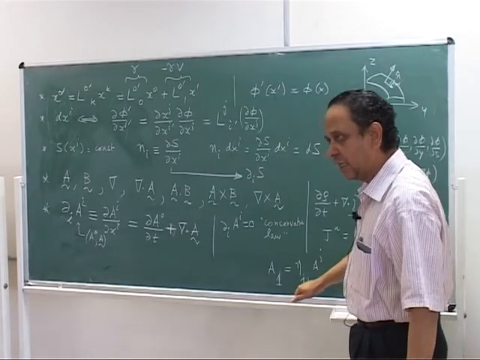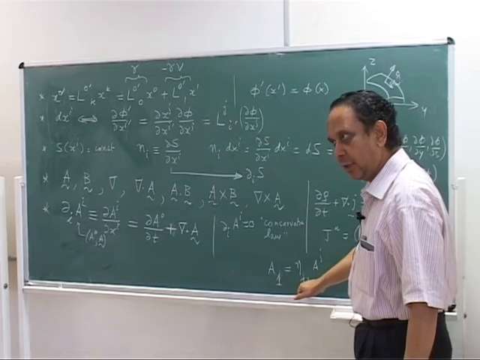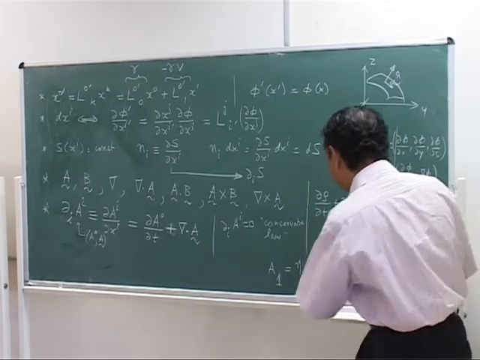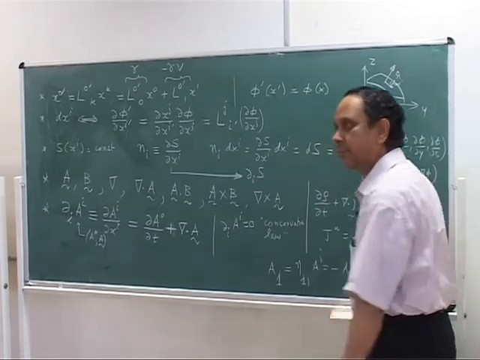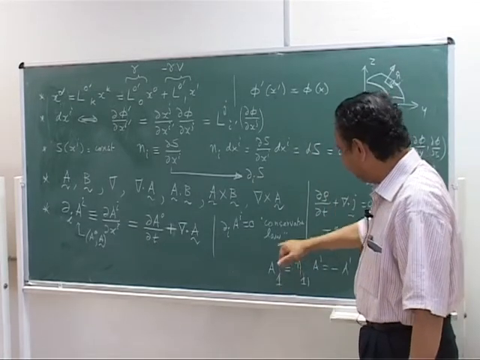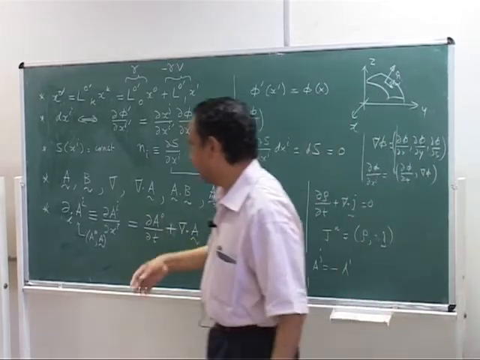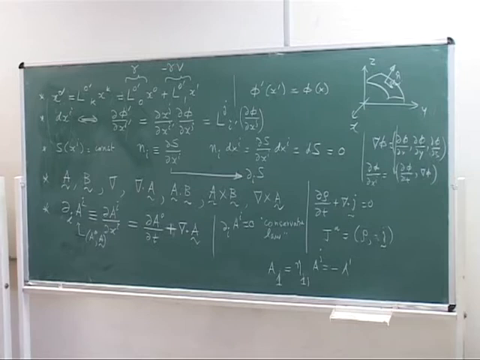Now we know etas are diagonal, so only the 1 1 component will contribute, and eta 1 1 is minus 1. So this will be equal to minus a1. Okay. But if I don't do that and I keep this on top, then I don't have to flip this sign. Yeah, this is much better.